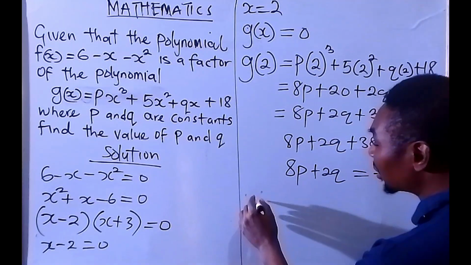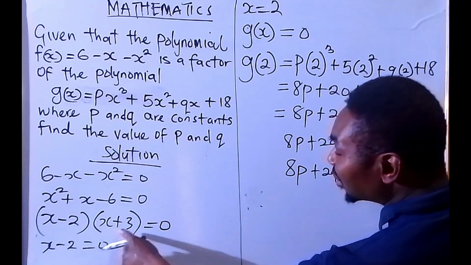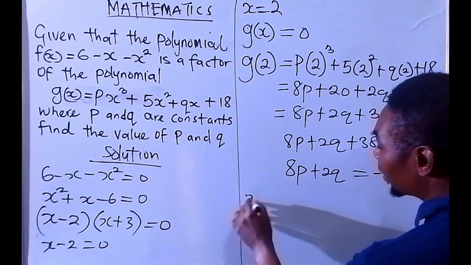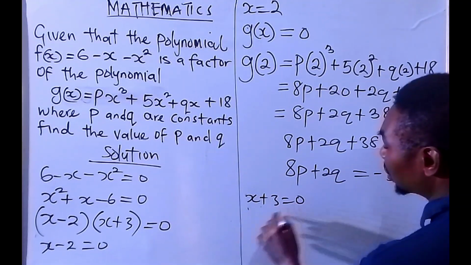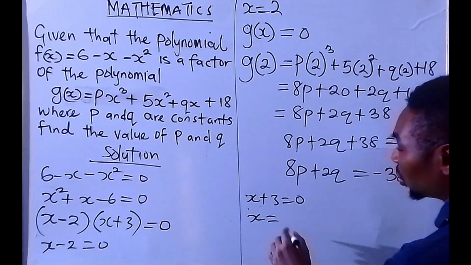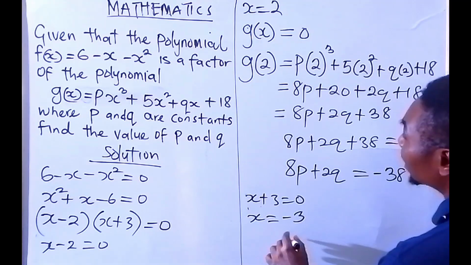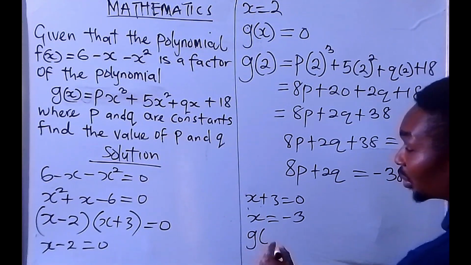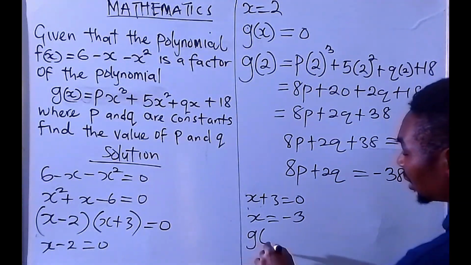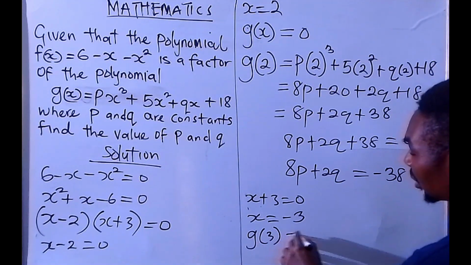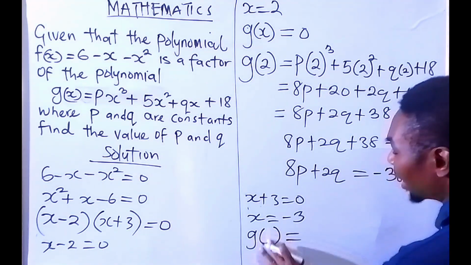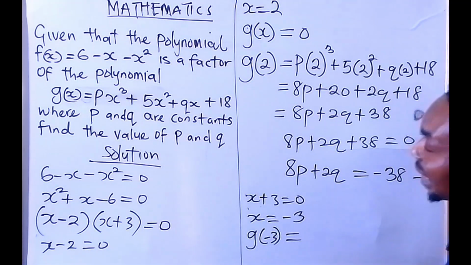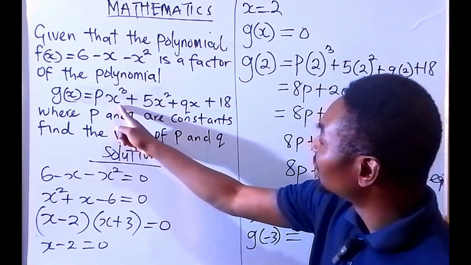Now, at this point, if x plus 3 is another factor of this g of x, so I'll have x plus 3 is equal to 0. Therefore, x is equal to minus 3. And g of x must be equal to 0. So g of minus 3 is equal to, anywhere I see x, I'm going to put minus 3.